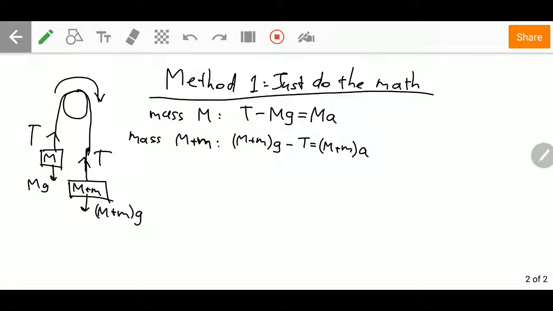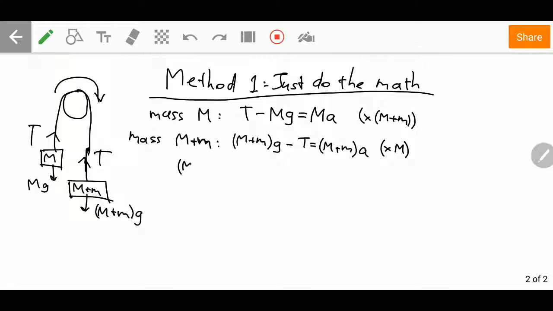So now from these two equations, here's what we can do. We can multiply this first equation by the quantity M plus little m, and then multiply this by the quantity big M, and that will allow us to eliminate a. So let me do that right here.